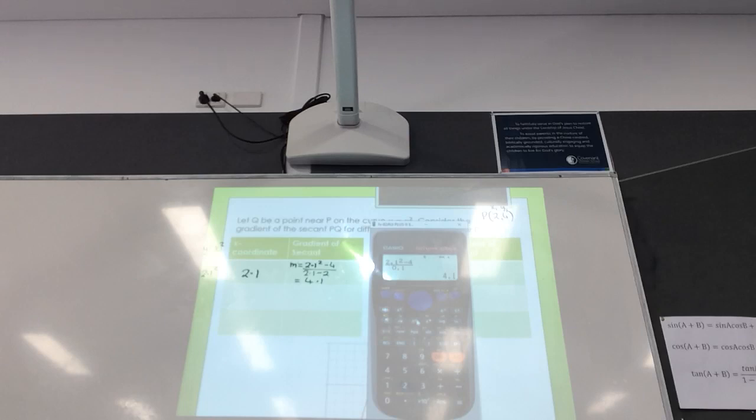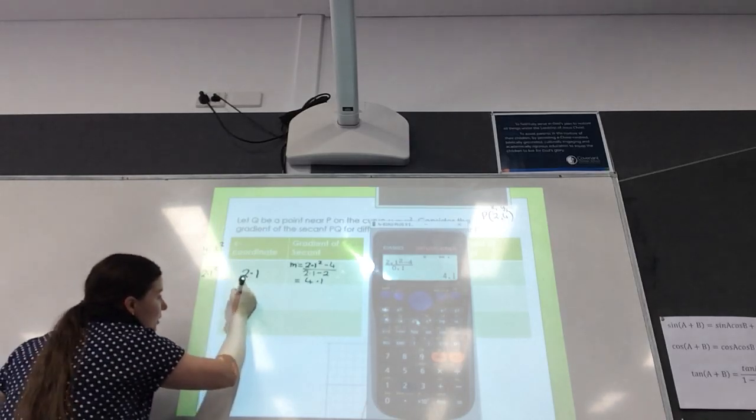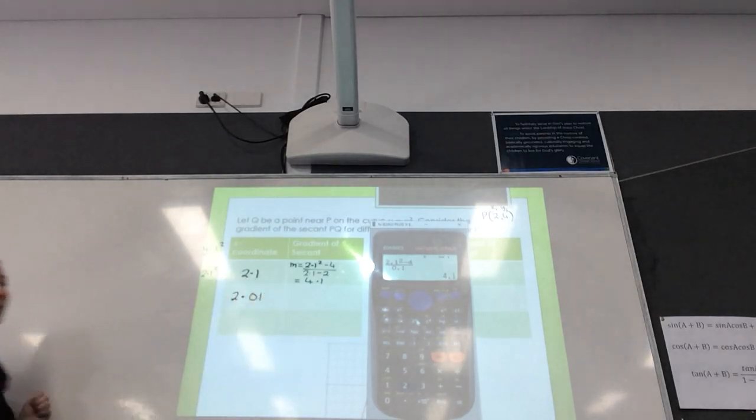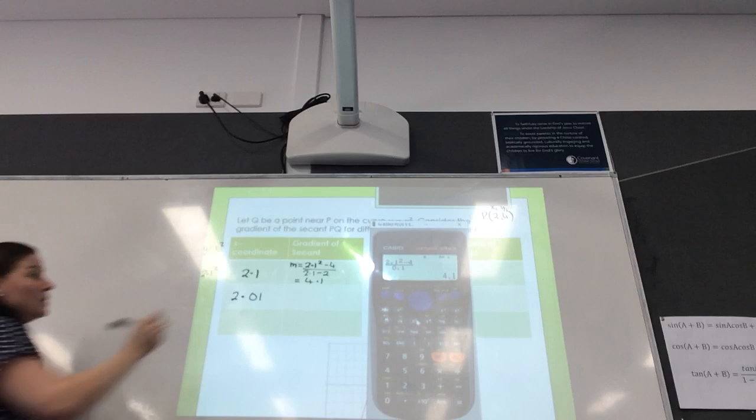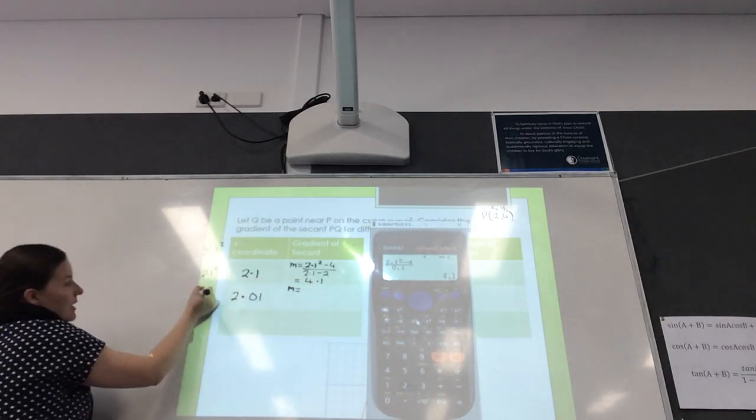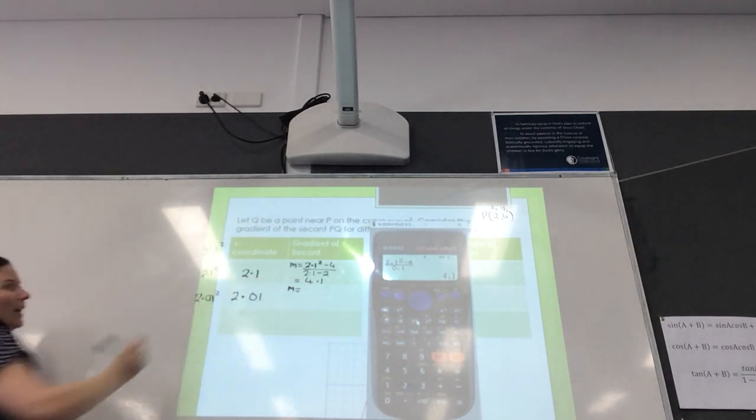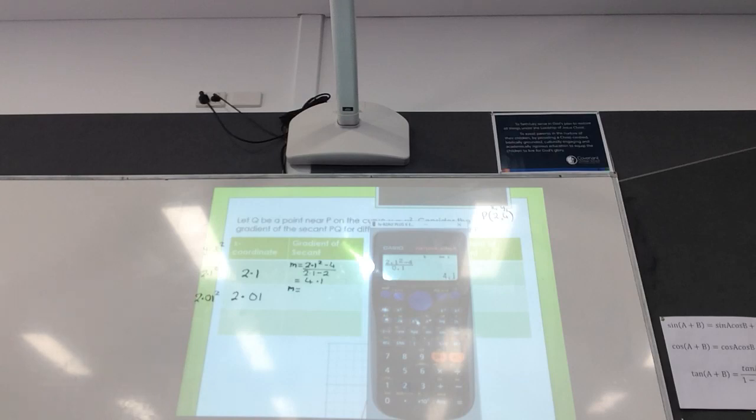Let's be even closer than 2.1. Let's go for 2.01. It's so close. So my y value then is going to be 2.01 squared because this is the curve y equals x squared.